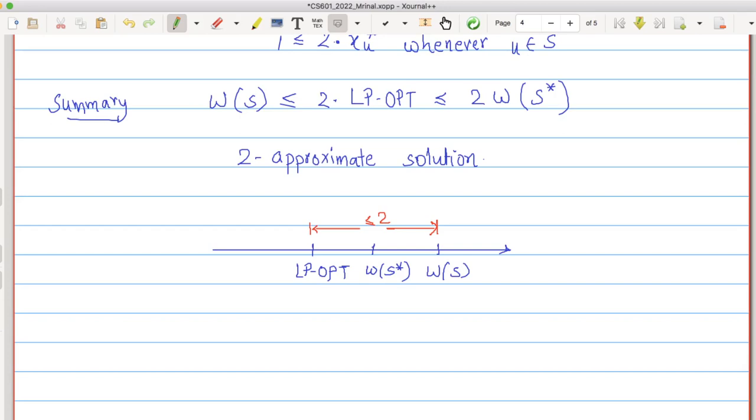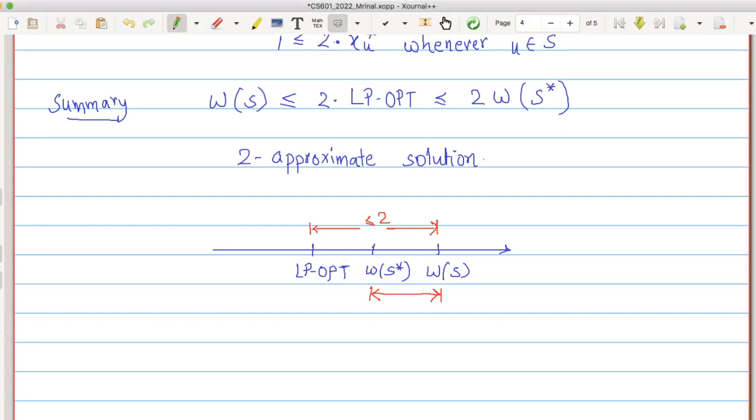So that naturally bounds this gap. What we really want to bound is the gap between WS star and WS, right? So that is naturally smaller than the gap between LP optimal and WS, which we bounded by 2, right? So that's what we did, and that's how it gives us a 2 approximation solution.